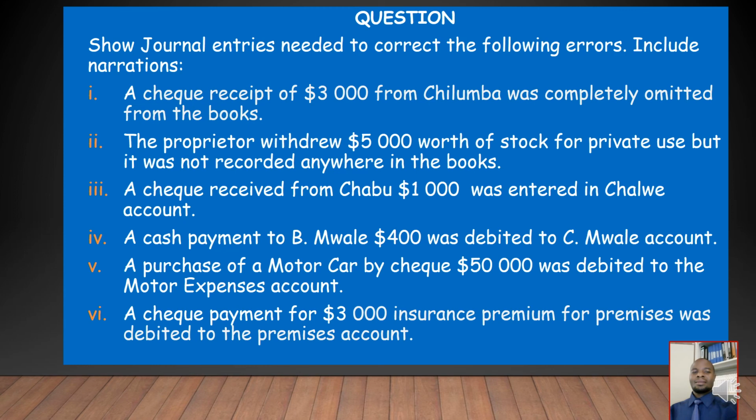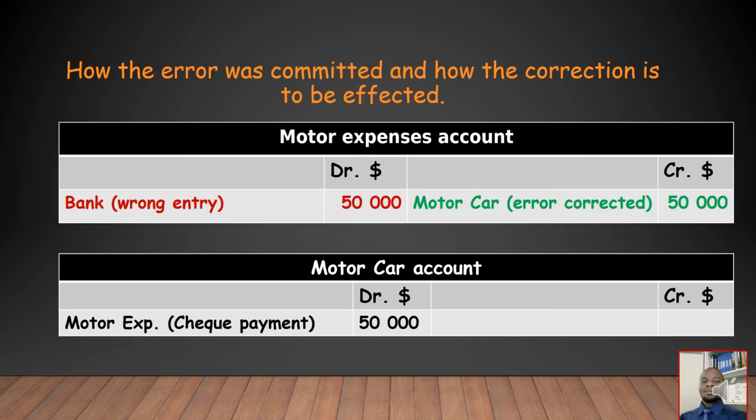Let's take a look at how the error was made. A wrong entry was made in the motor expenses account, debited with $50,000, instead of this entry being debited in the motor car account. So what should we do to correct this error?